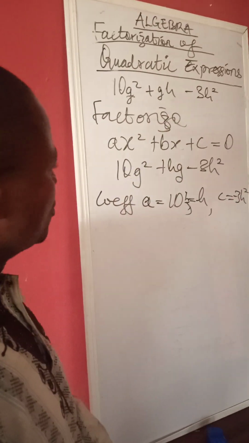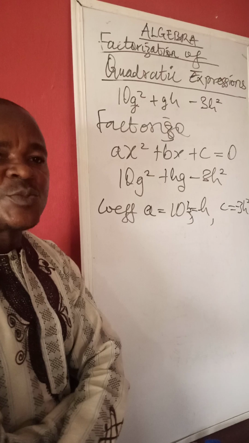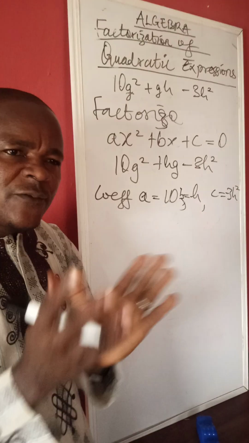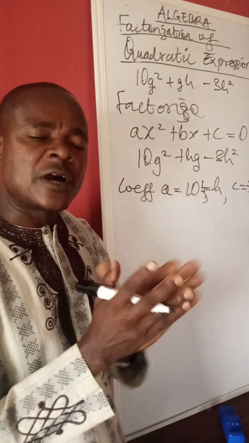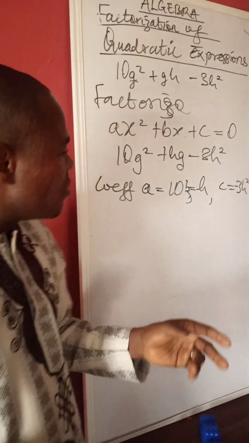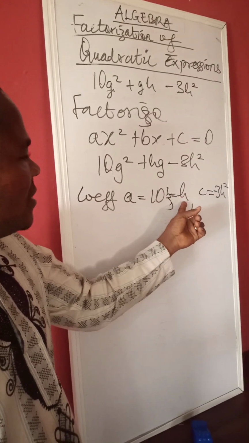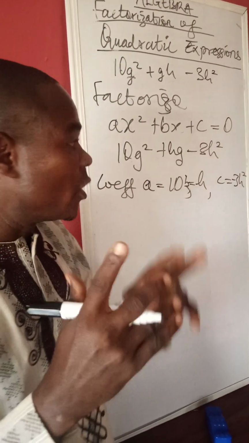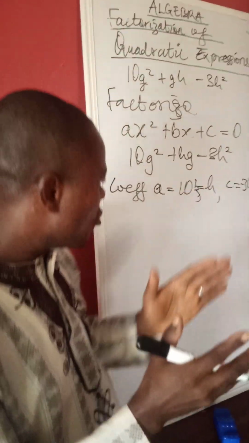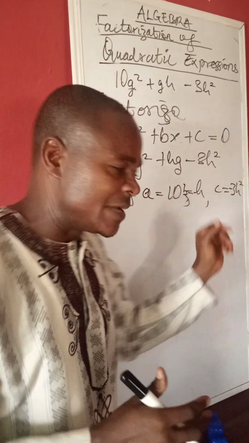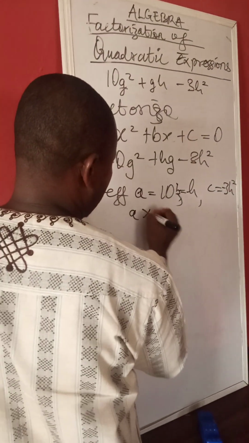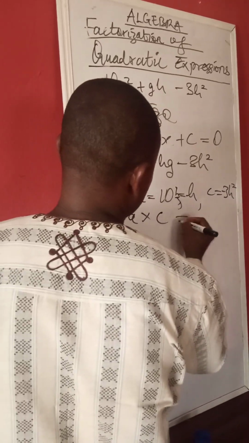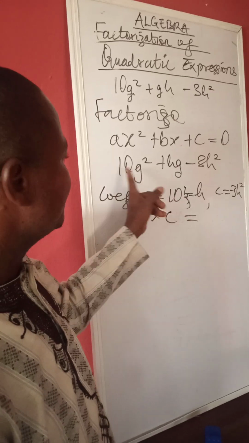What am I going to do? When we want to factorize a quadratic expression, we naturally think of two factors. First of all, the sum of these two factors will give me the coefficient of the second term, which is H. And the product of these two factors will also be the product of the coefficient of the first term and the last term, that is A times C, which in this case, my A, like I said earlier, is 10.